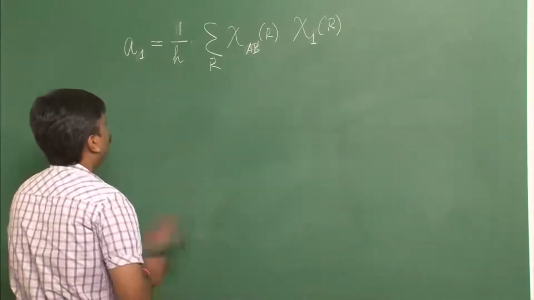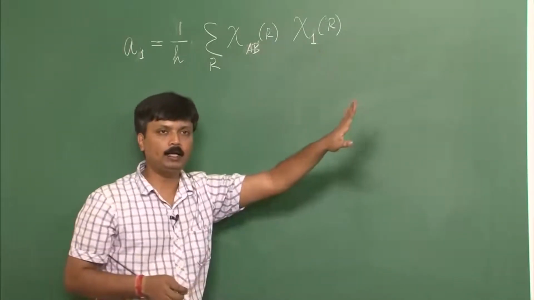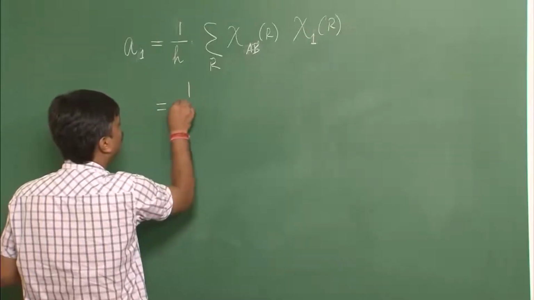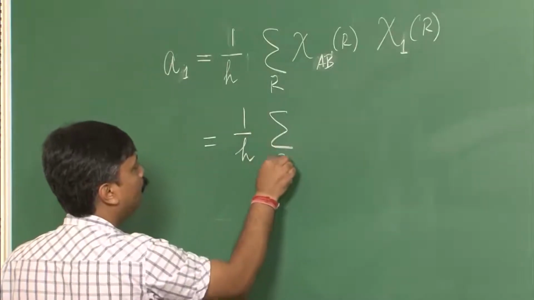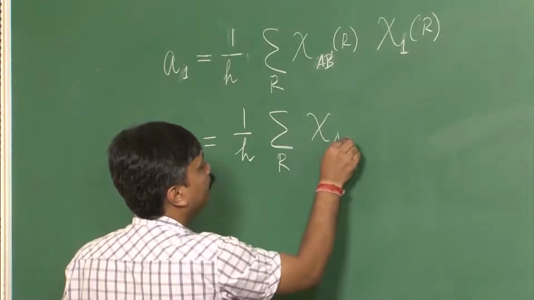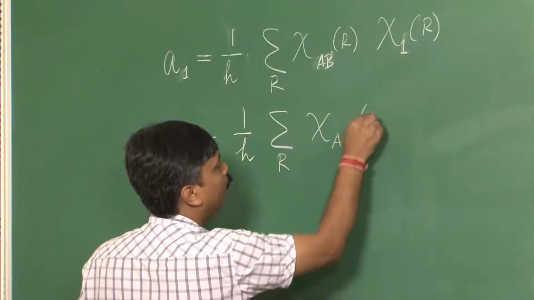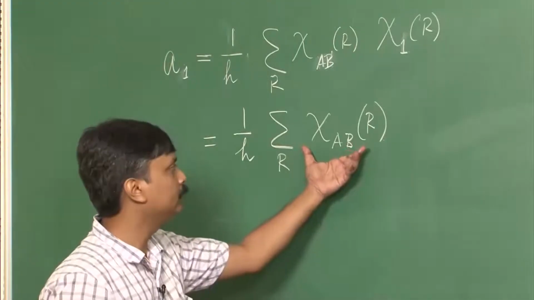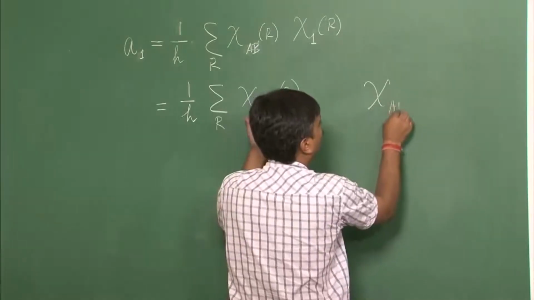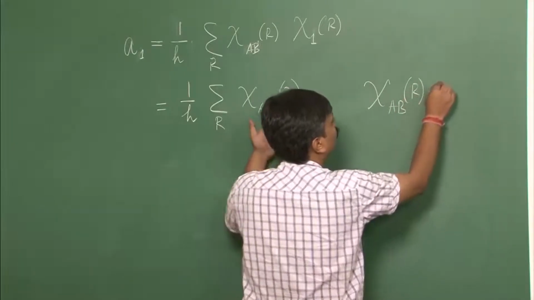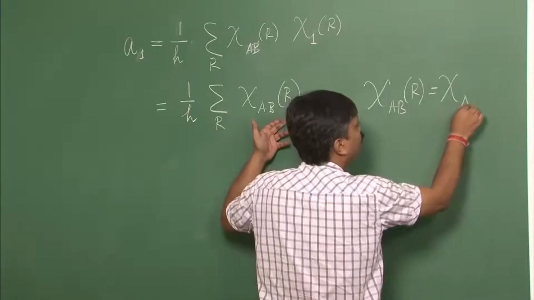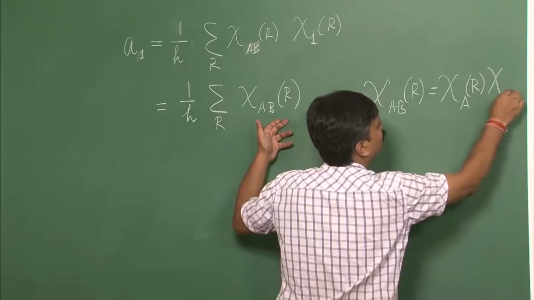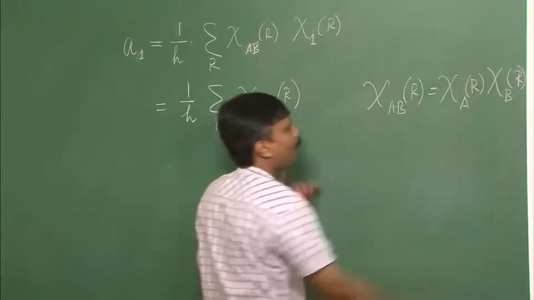So, once I am talking about the totally symmetric IR, for which all the characters are +1, I can simply write this as 1 upon h, sum over all R, chi AB of R. Now, by definition of direct product, chi AB is equal to the product of the characters of representation A and representation B, correct.